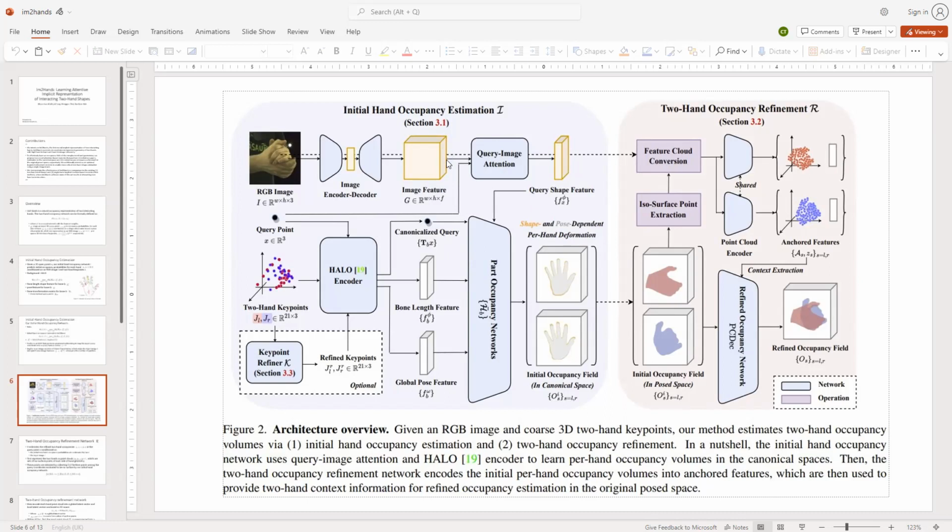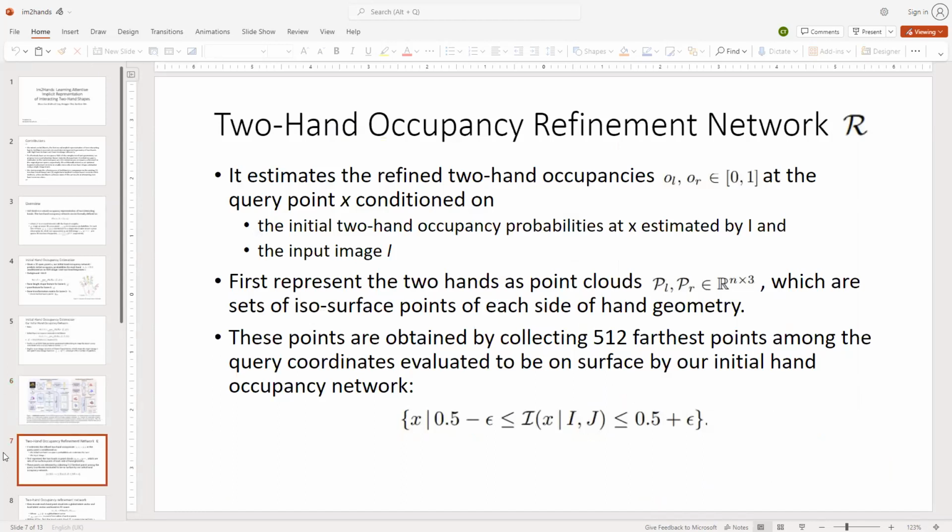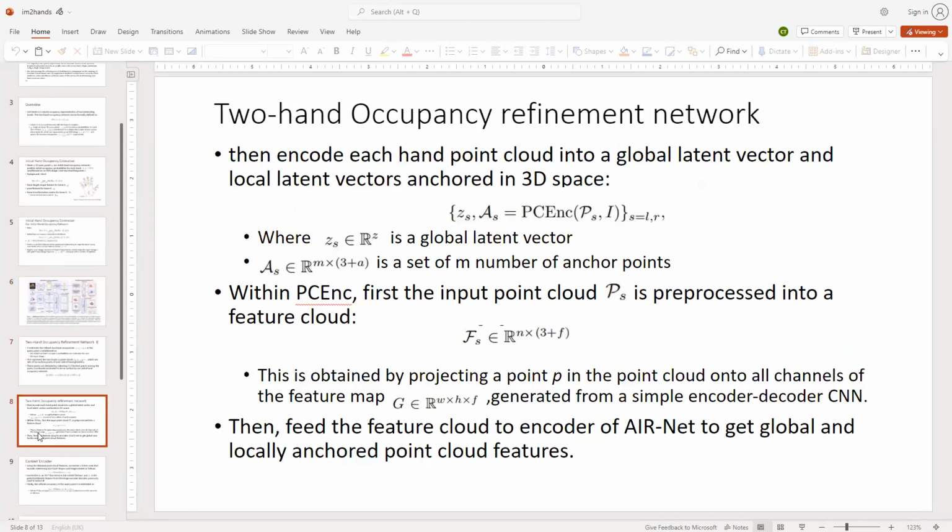And whichever point in the 2D map it falls onto, you take that same point across all the F channels and get a feature vector out of it. And you do this for every single point in the point cloud representation. So that's how you have this FS.